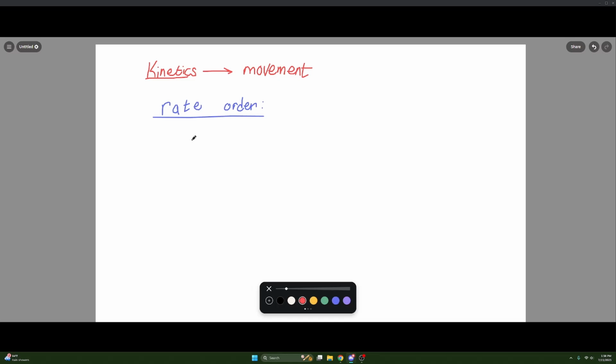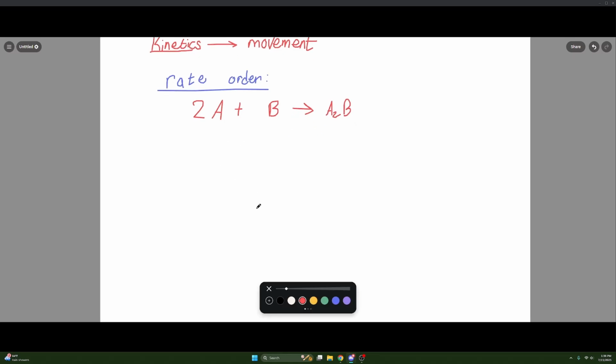Let's say I have a simple reaction like 2A plus 1B makes A2B. Something super simple, right? If I were to try to draw this visually, what's really happening is I have two A atoms and I have one B atom.